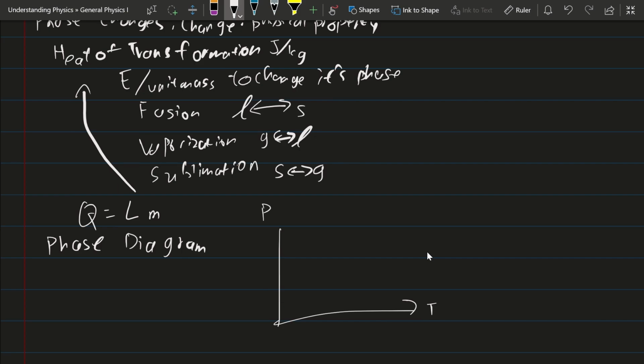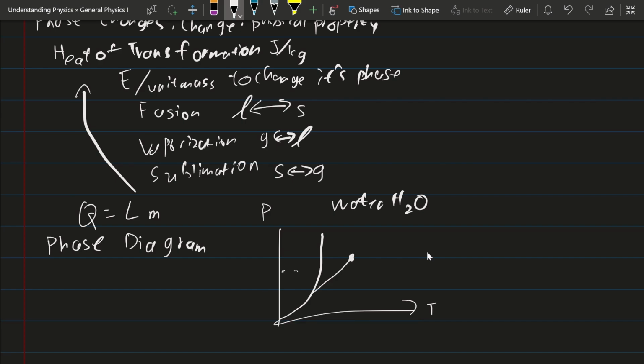If you try to plot every single pressure as well as temperature of a material, let's say water, you would get something like this. So this is a plot of water, H2O, for a certain range of temperature.